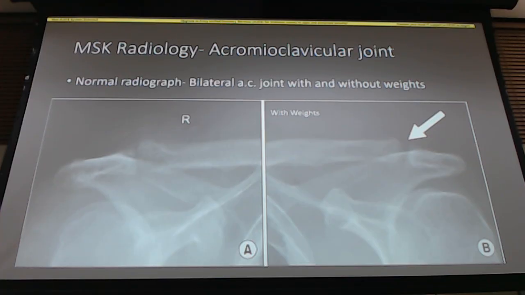The other side, right? Would you agree that if you put weights in someone's hands, have them stand up and shrug a little bit, and then shoot the view, that if it's going to displace, it will displace? Yes. So then you do it with and without weights. So not only are you comparing it to the other side potentially, but you're comparing it with and without weights to see if there's any joint instability.